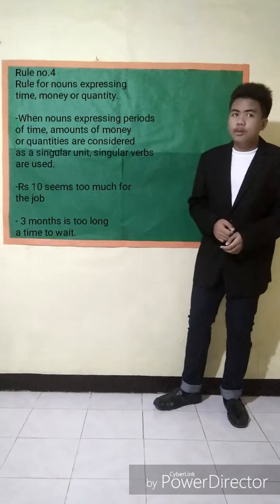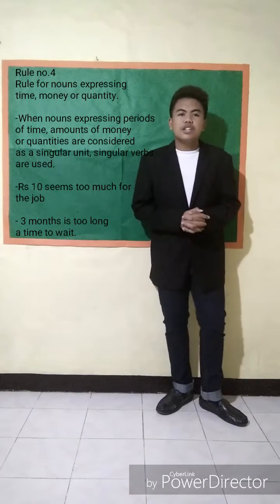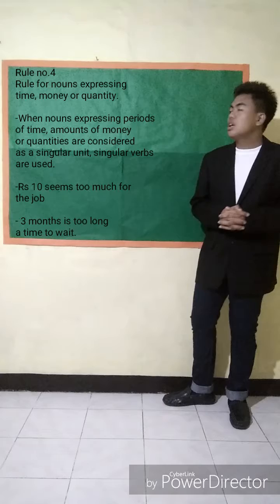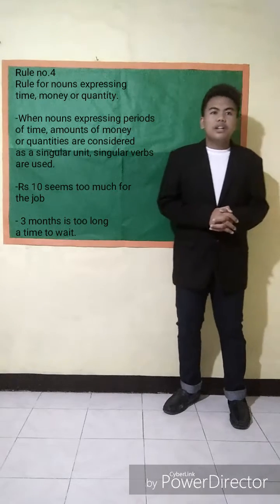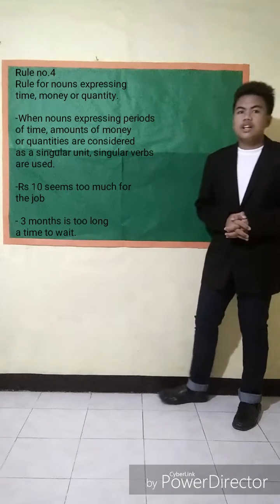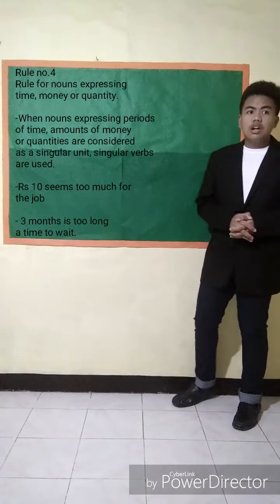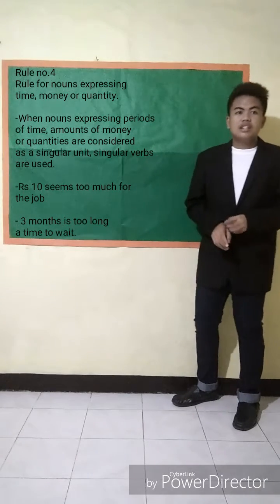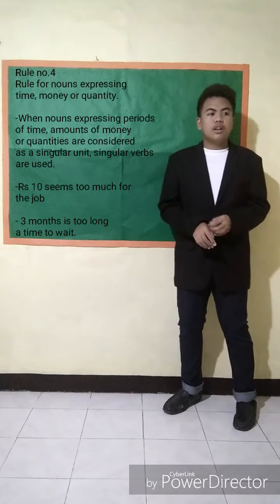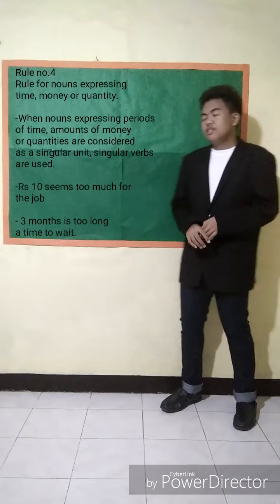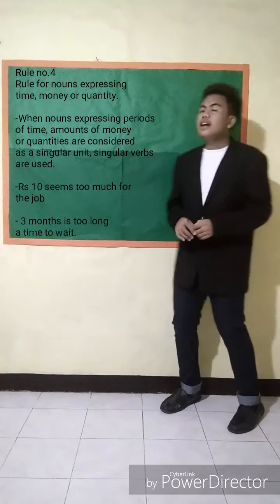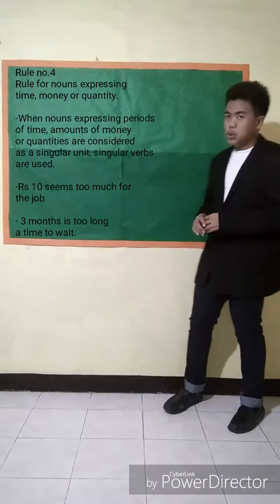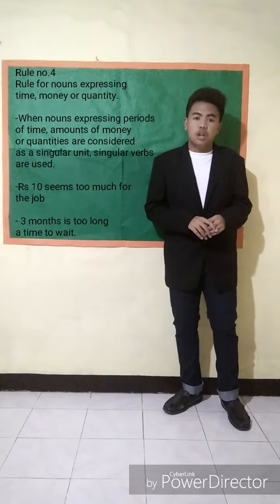Rule number 4: rule for nouns expressing time, money, and quantity. When nouns express periods of time, amounts of money, or quantity considered as a singular unit, singular verbs are used. Example: Rs 10 seems too much for the job.